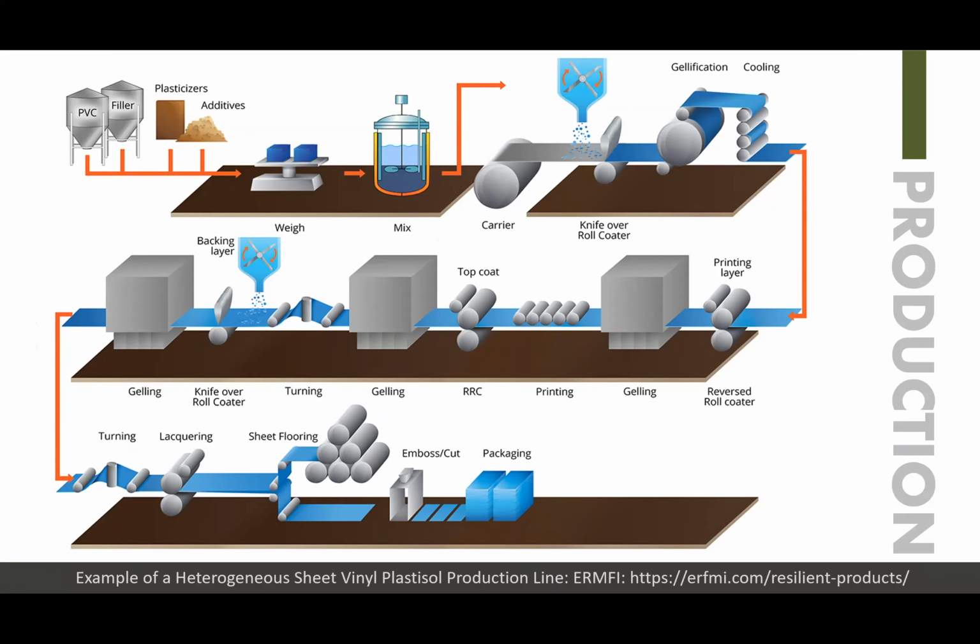The paste, or plastisol, is applied by a coating process and transformed into the solid state by heating. This is called gelification in the diagram shown. And so heterogeneous can also be calendared, similar to homogeneous sheet vinyl, but this gives you an opportunity to see that there's multiple layers that come together that are put into the product, and you'll see that in the construction diagram.